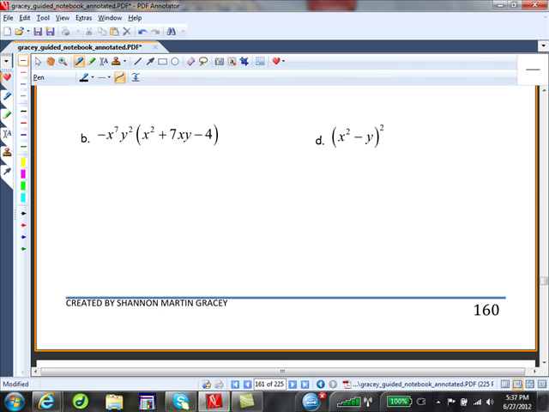All right, let's see how you did. So this guy here, we will need to distribute negative x to the 7th y squared to each of the terms in the trinomial. So then we'll have plus negative x to the 7th y squared times 7xy, and then minus negative x to the 7th y squared times 4.